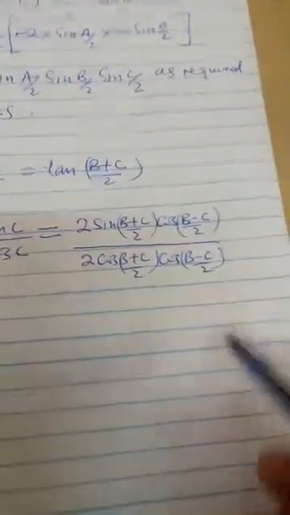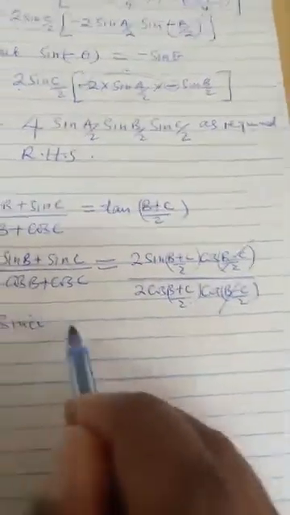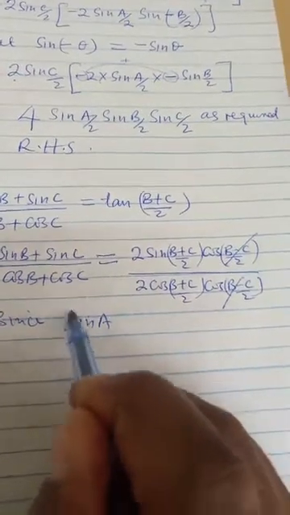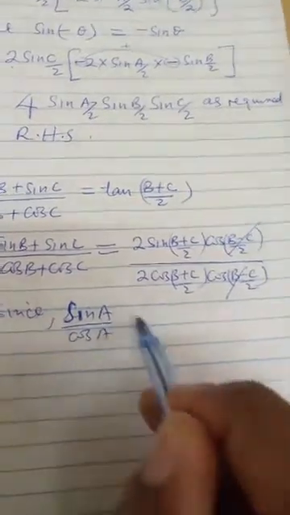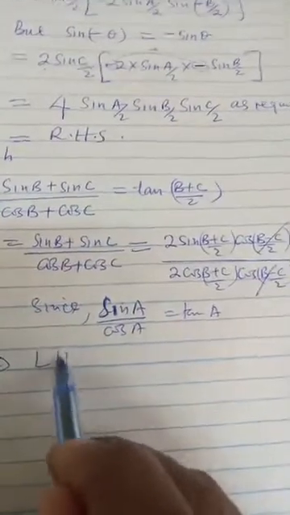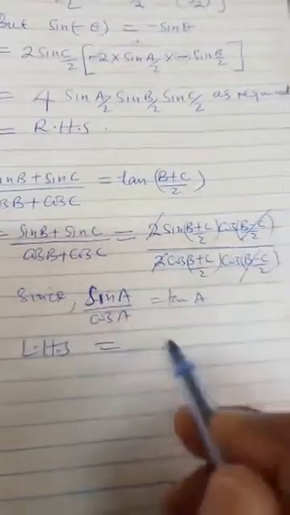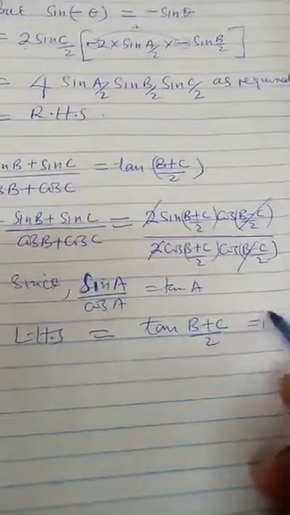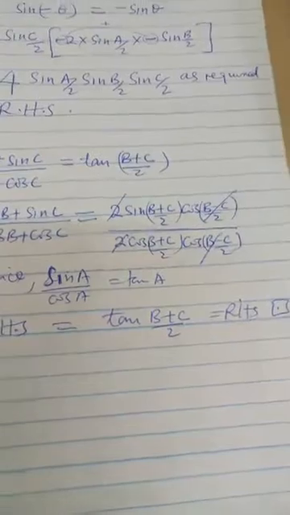If you look at that, this cancels, and since we already know that sine of a, for example, over cos of a is tan of a, it implies that the left-hand side from above here, the 2 will cancel, so will give us the tan of (b plus c) over 2, which is equal to the right-hand side, hence proved.